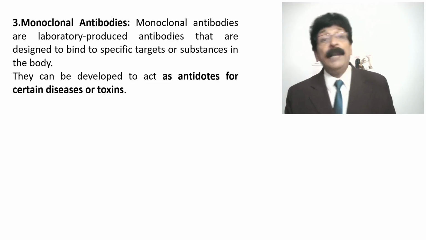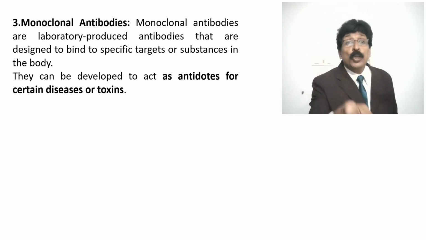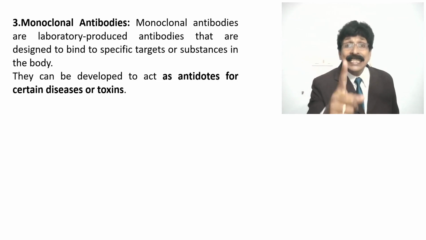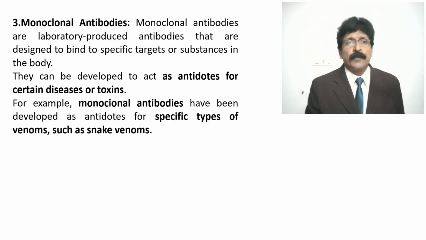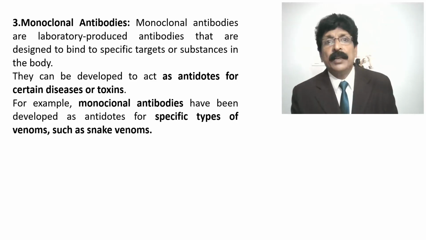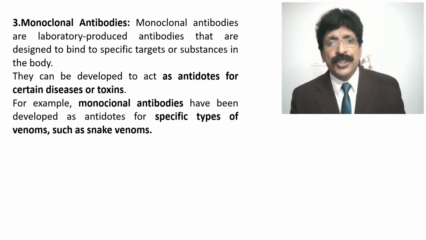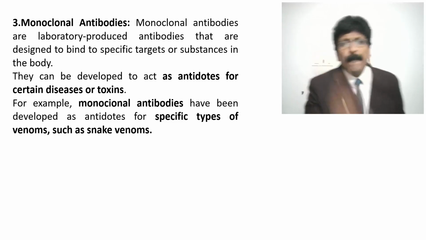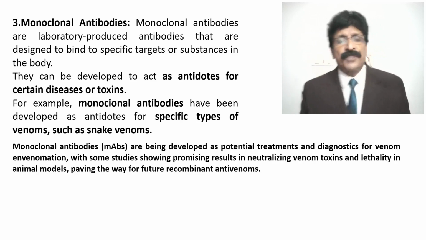They can be developed to act as antidotes for certain diseases or even toxins. For example, monoclonal antibodies have been developed as antidotes for specific types of venoms such as snake venoms.